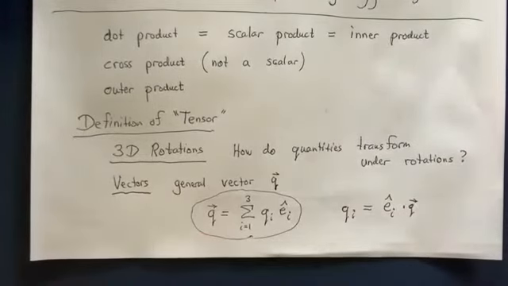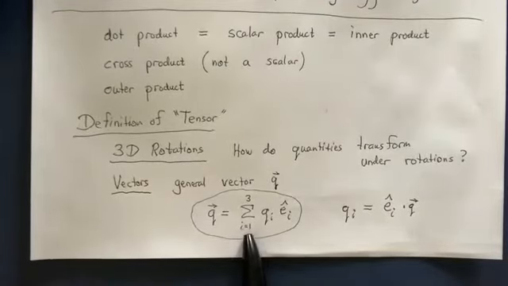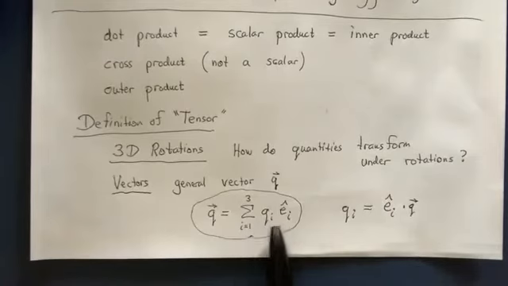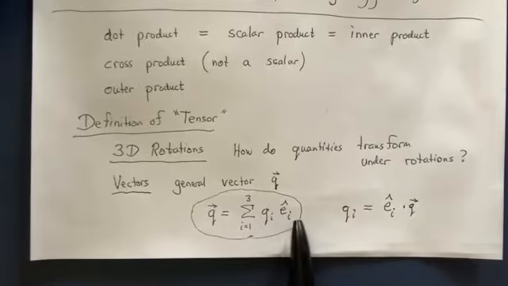Okay. So before we go further, we do have to talk about a little technical item here, which is that in this formula, the index I is called a dummy index. It's really not there. You can see that by writing it out. This is Q1 times E hat 1 plus Q2 times E hat 2 plus Q3 times E hat 3. So there really is no I here.